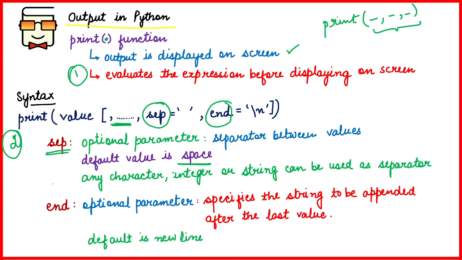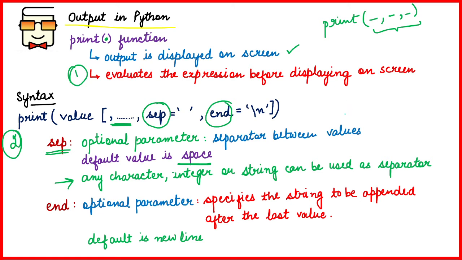So you can print any kind of character, integer or string, but whatever the separator is, all those values will be separated by a separator. Now for a separator also, you can use any kind of symbol, any kind of integer, string, alphabet, character, anything. It is not compulsory that you will use the default value space.